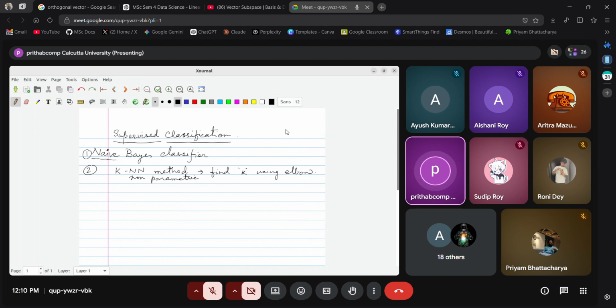Given the whole data set, you classify a new data point with the concept of nearest neighborhood. Whatever points are near to this new point, we look at their class, and whatever is the majority class, we assign that class to this new data point.